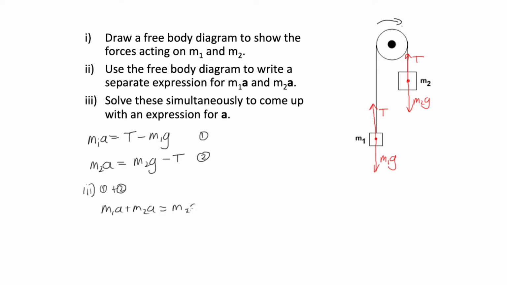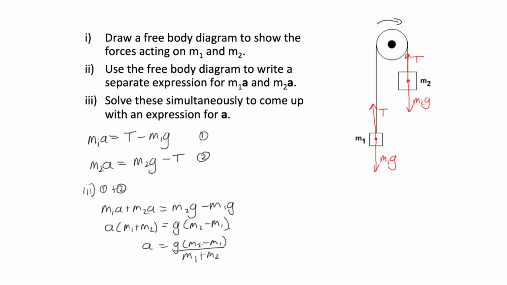And we're left with m2g, which is positive, minus m1g. So we can write a times (m1 plus m2) is equal to g times (m2 minus m1). And so we've got a is equal to g (m2 minus m1) over (m1 plus m2).